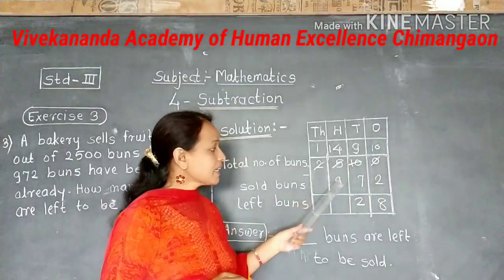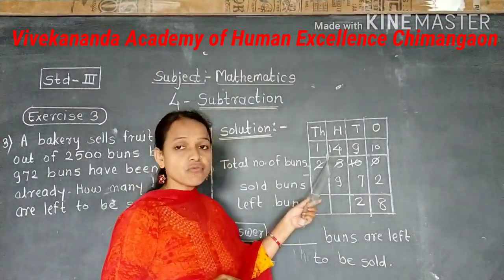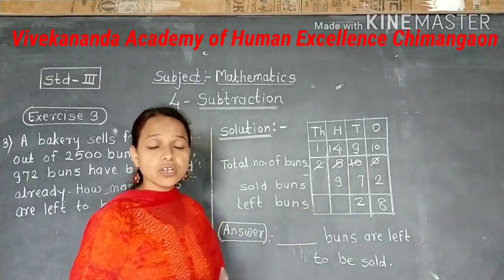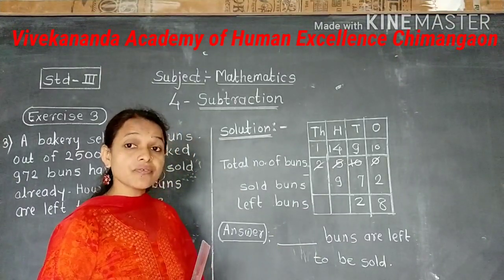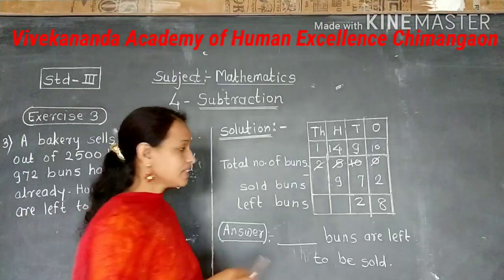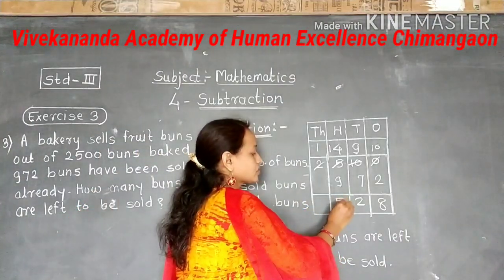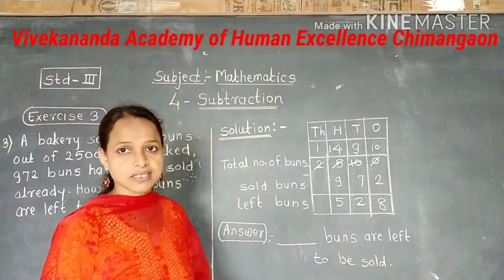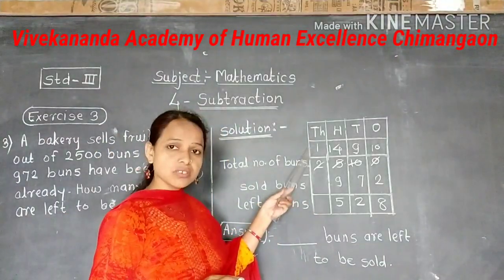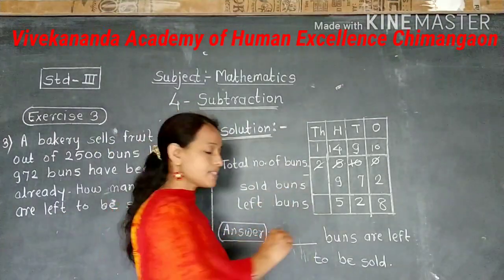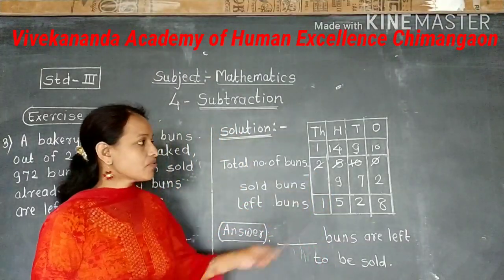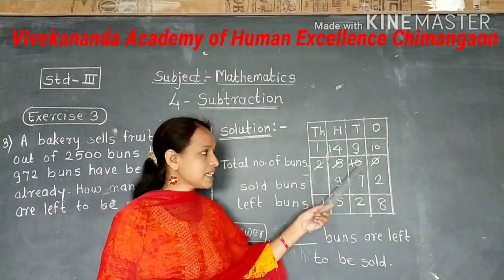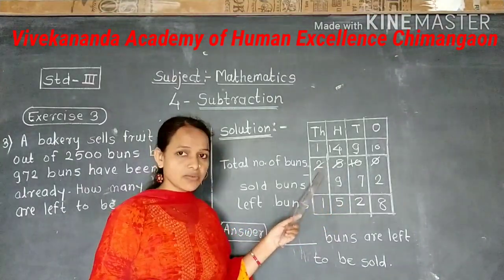Now we subtract 900s from 1400s. 1400s minus 900s remain 500s. So 5 we write in 100 place and 1000 as it is, we write 1000. In this way we subtract ones, tens, hundreds and thousands.